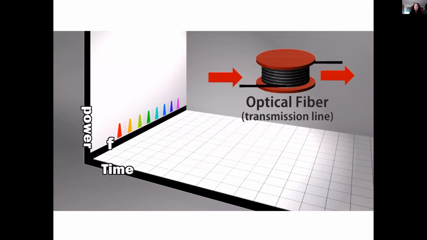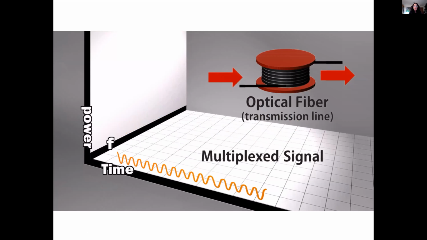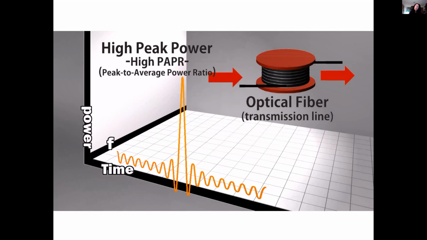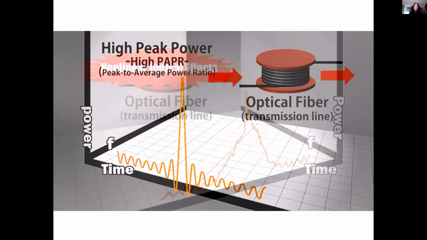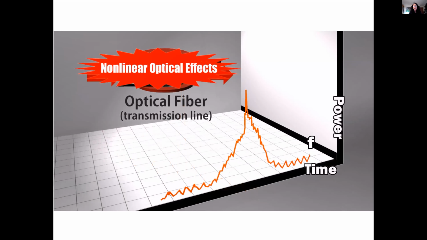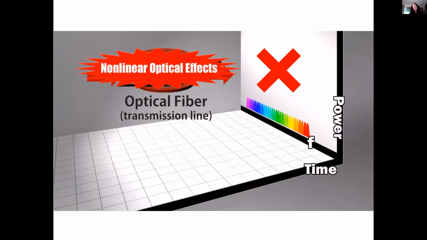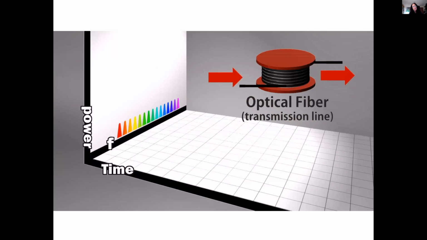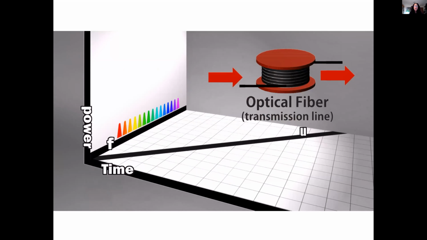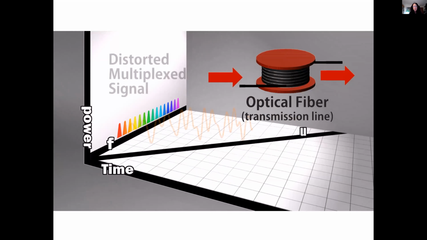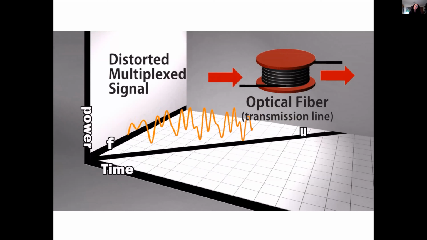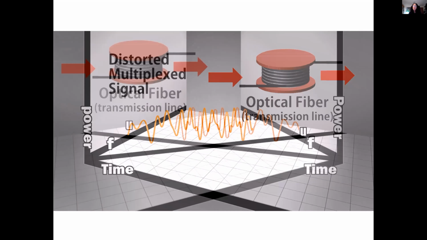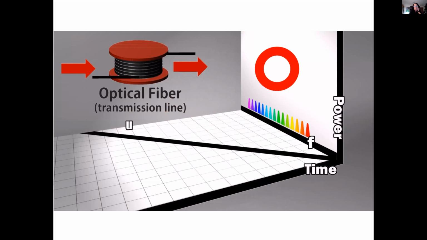In fact, when you transmit a lot of signals all together, the peak is very high, and the nonlinear effect in the fiber creates problems at the receiver. Instead, we decided to use a hybrid system between time and frequency. So the signal is distorted, but then is more robust to the nonlinear effect of the fiber. That's one reason.